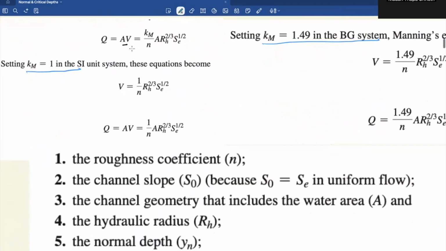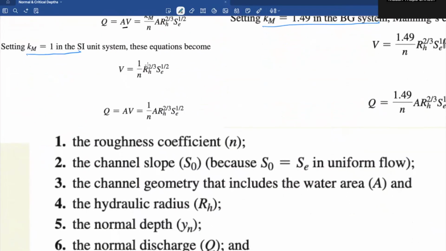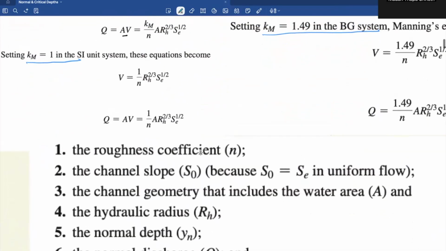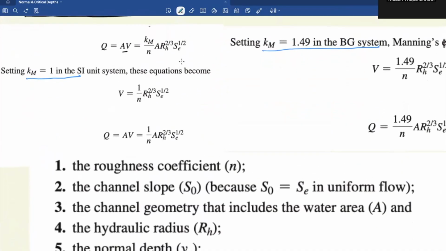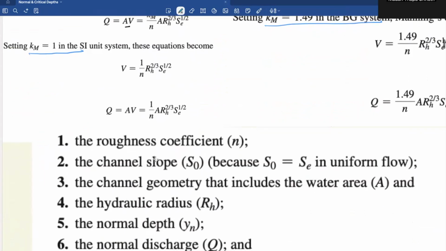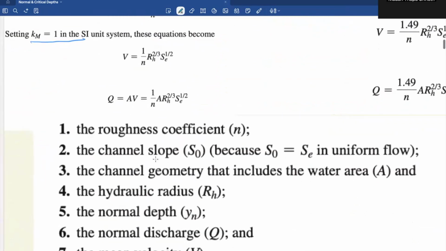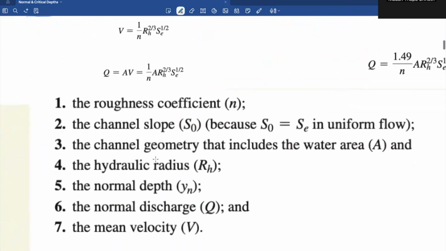When we review the concepts, n indicates the roughness coefficient, whereas S_e or S naught represents channel slope, and there are the cross-sectional area of water surface, hydraulic radius, normal depth, critical depth, and normal discharge and mean velocity as well.